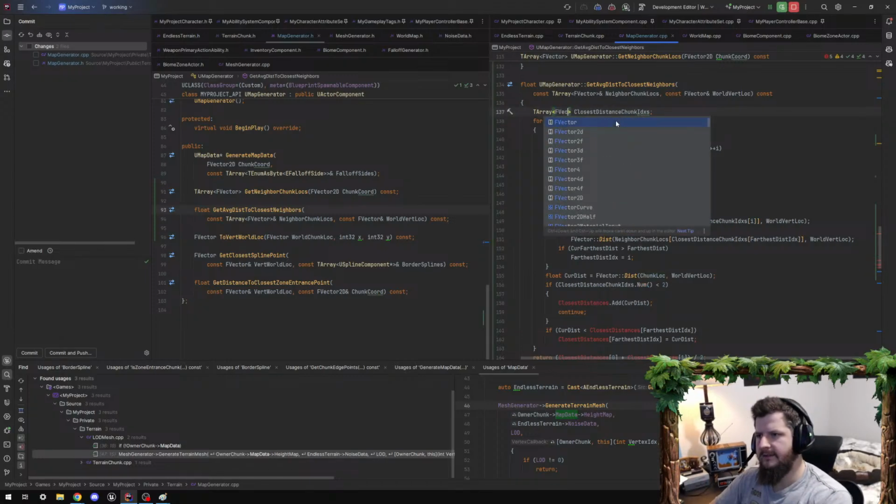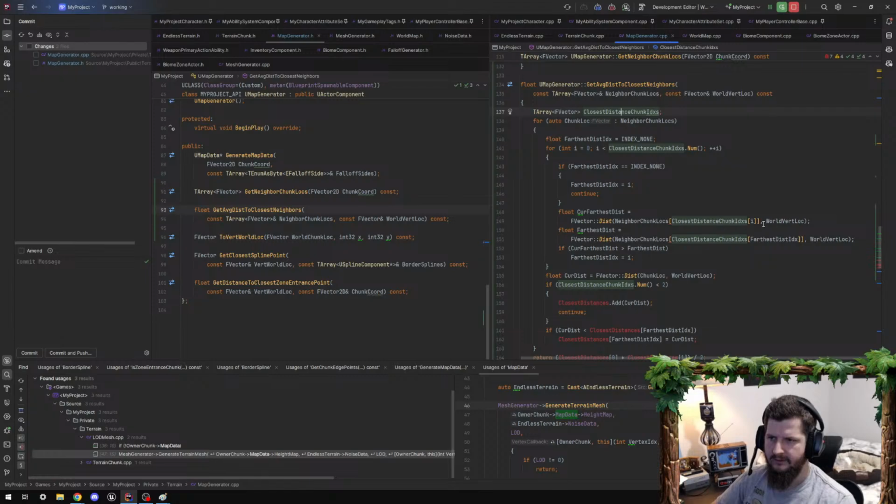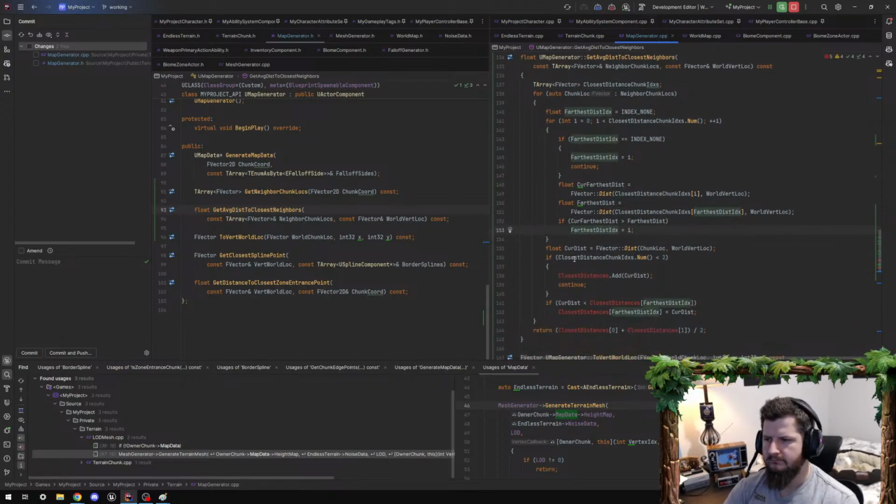I just make this an array of vectors, like, instead of... We'll just add the vector. We add the chunk.